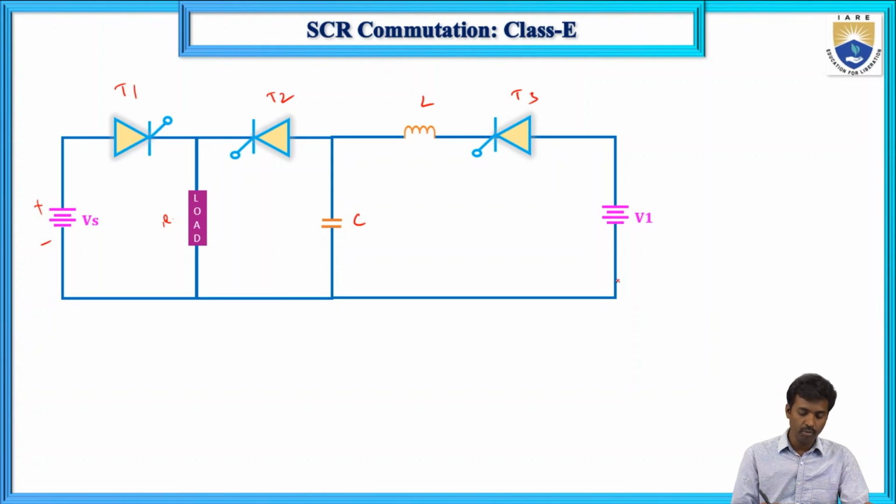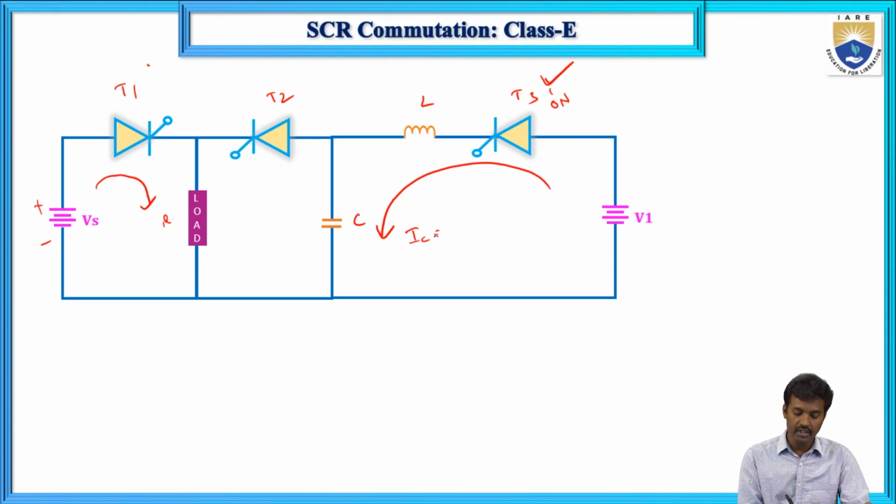This is a commutating circuit. To turn off T1, first fire T3. T3 should be on. When T3 is on, current flows in this direction and the capacitor is charging.